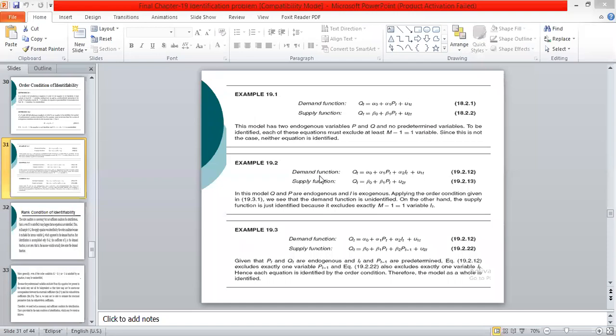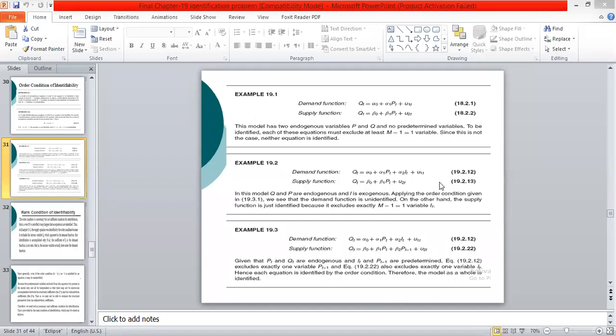Again, we have the same information for the model, but the information of the given equation has been changed. In this equation, small m is equal to 2, but small k equal to 0, because in the supply function we have no predetermined variables.